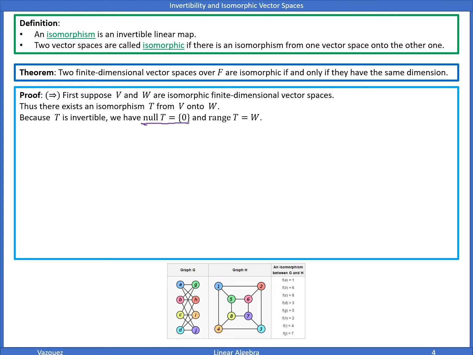Why is this the case? Well, because we saw that if T is invertible, then it's injective. This property comes from injectivity, as we saw in previous lectures. And it also is surjective, so range T must equal W.